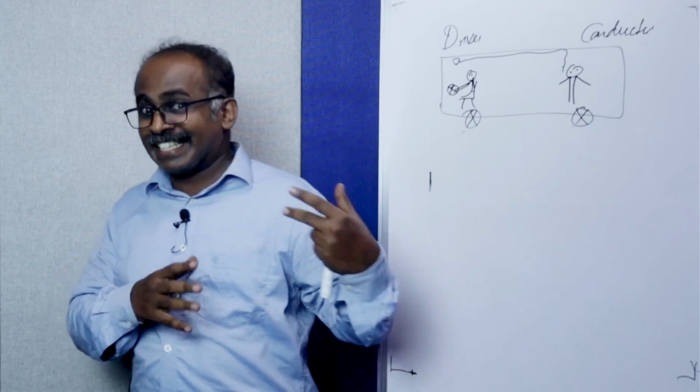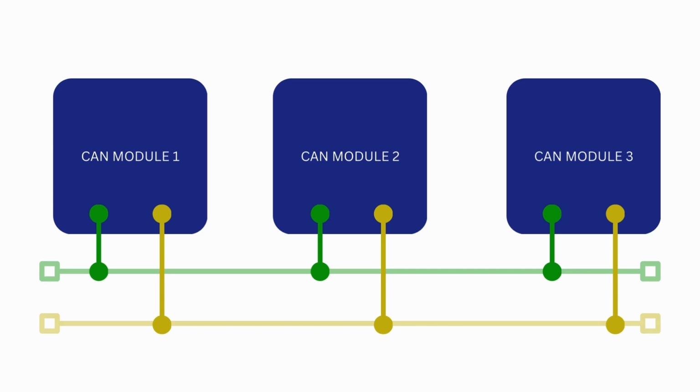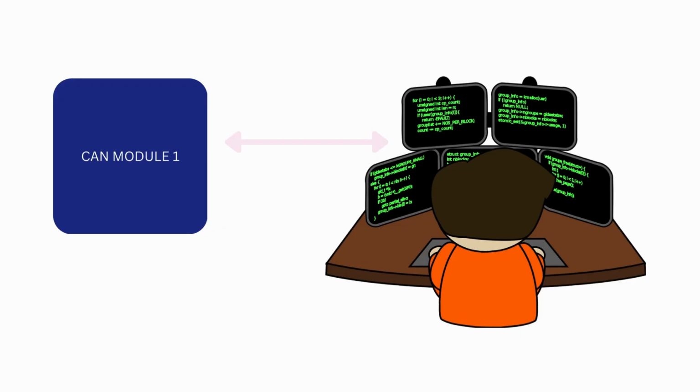Listen carefully. The conductor is the person who is transmitting the signal and the driver is the person who is receiving the signal. In digital communication, it's two modules. Before they get into their routine work, they are programmed with some protocols, which are called rules.